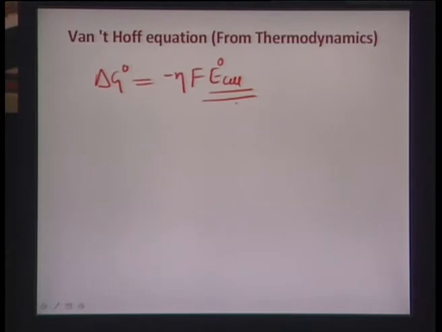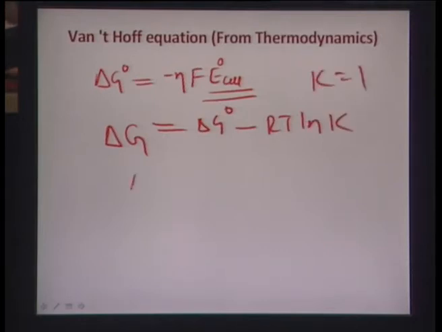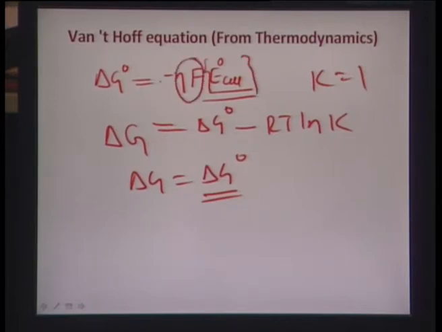So, essentially then this delta G equation gets modified to delta G 0 minus RT ln K. In this case, even if K is unity, the delta G value is equated to delta G 0, and this delta G 0 can be thought of as the movement of nF charges across both the electrodes at a potential difference E0 cell, and therefore this is essentially the final form of what we know as the Nernst equation.